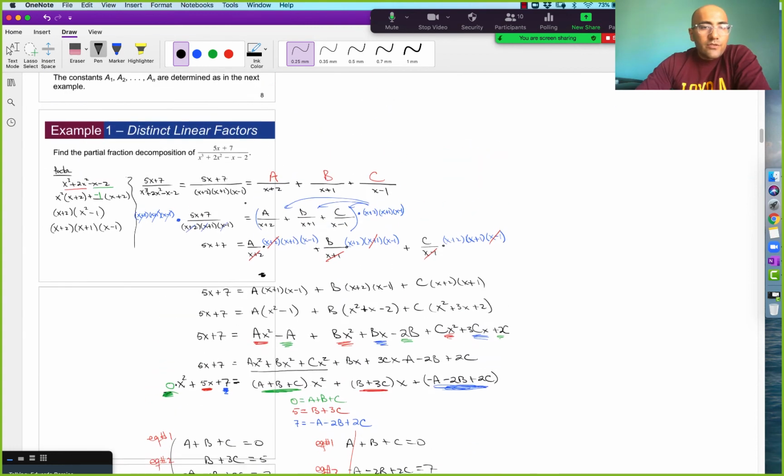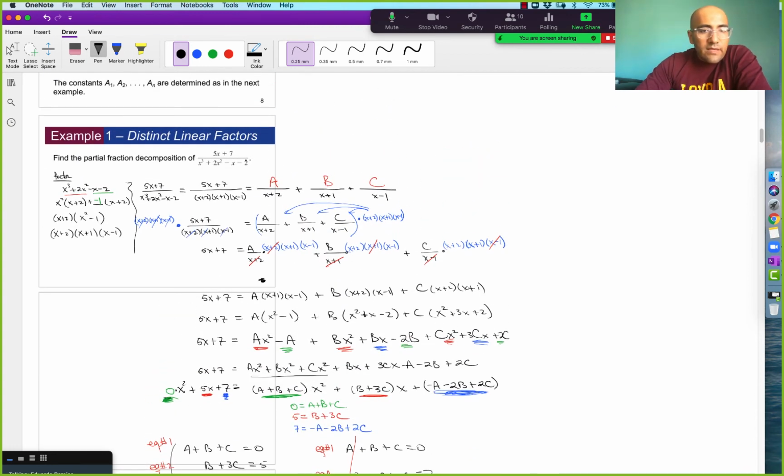Going back to the original question, we were given this ugly, nasty fraction. We were able to factor the denominator completely, so that the third-degree polynomial was replaced by the product of these 3 linear factors.